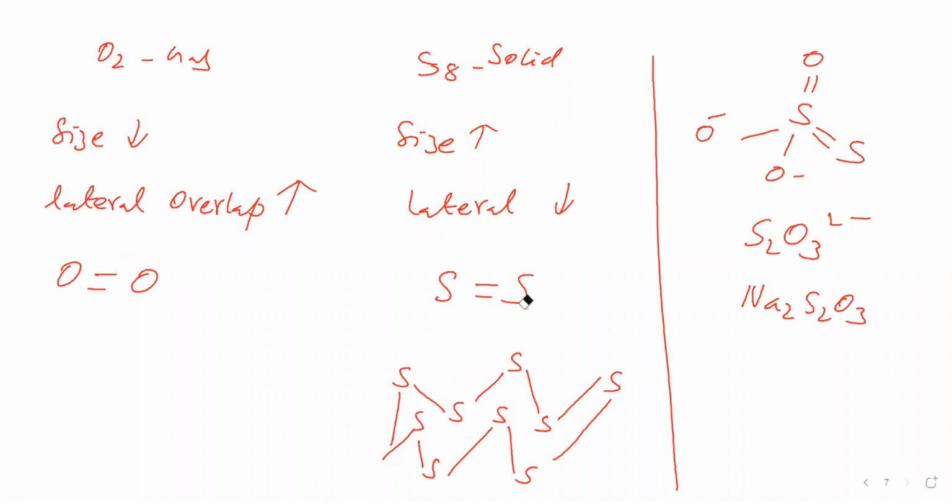We call it a crown structure, S8. Sulfur will exist like this instead of with a double bond, but oxygen will exist as O double bond O. So oxygen exists as a diatomic molecule, but sulfur exists as an octatomic molecule.